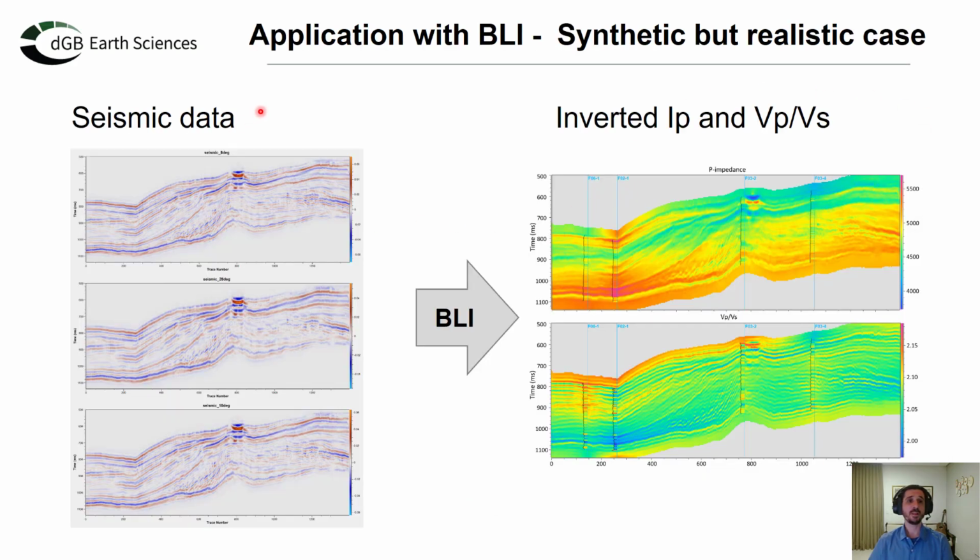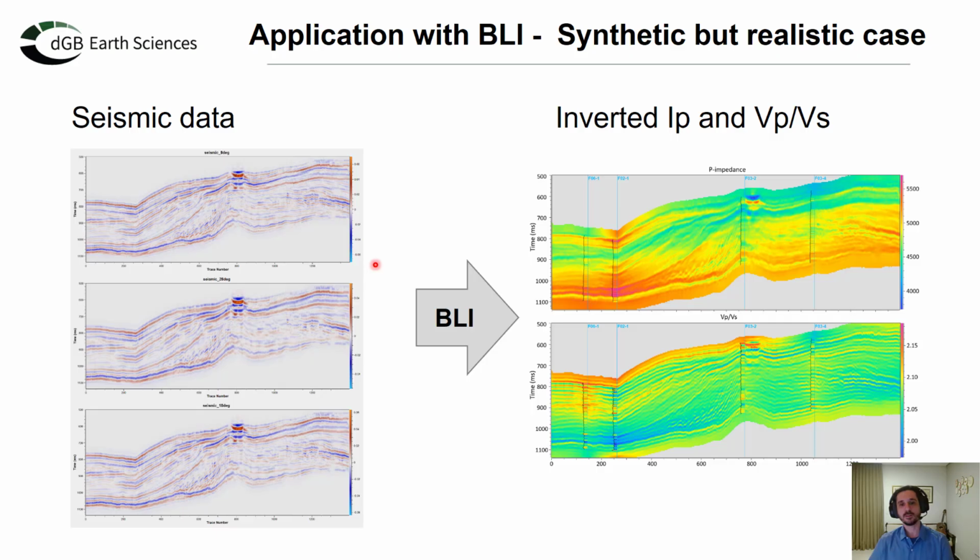And then we make an application for synthetic data as well. It's a synthetic data based on the F3 demo. The F3 demo only provides the full stack seismic data.